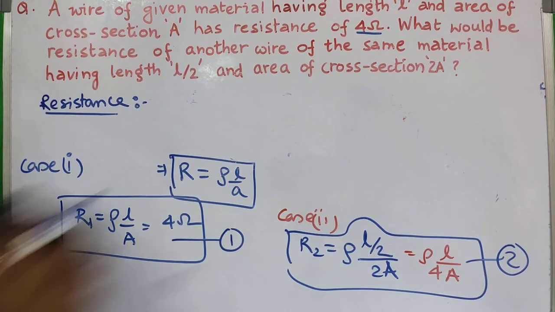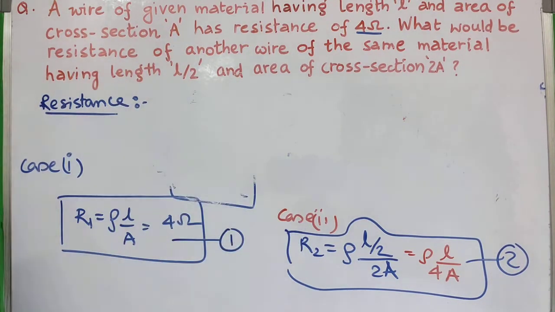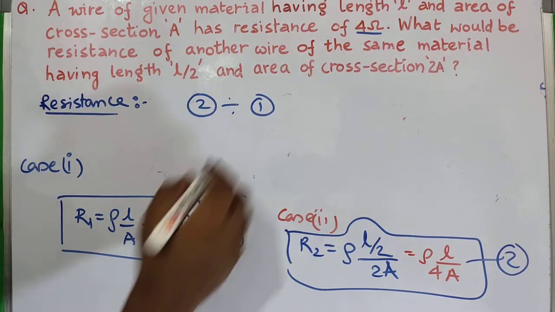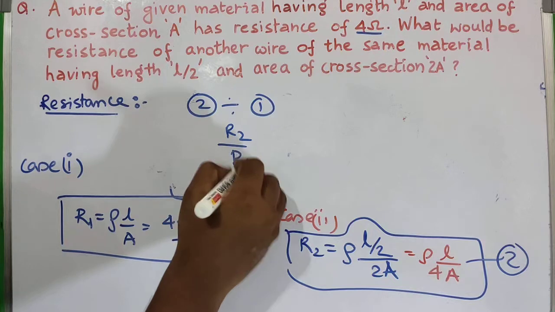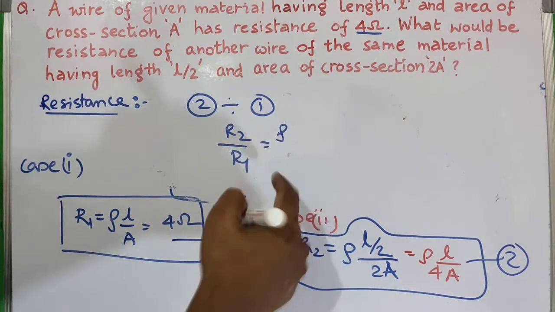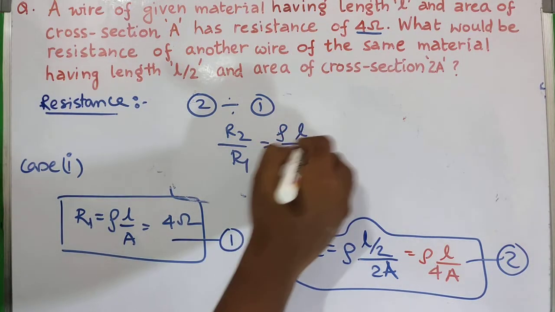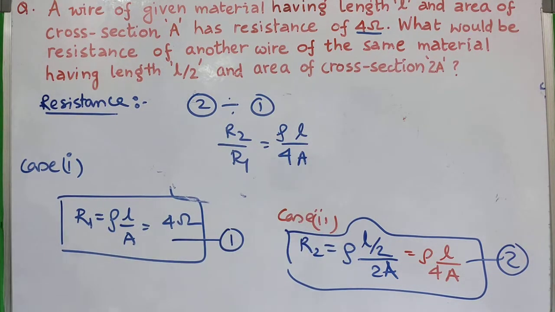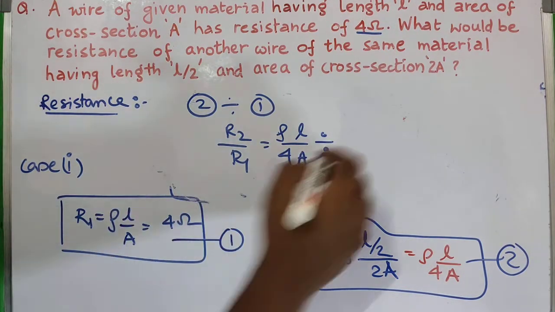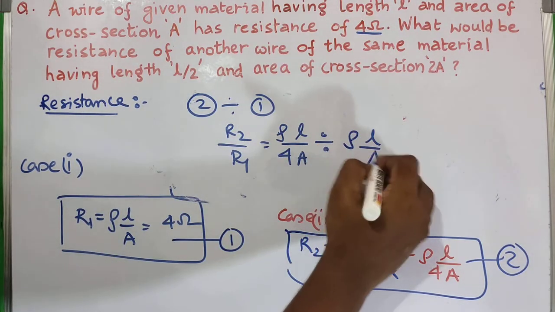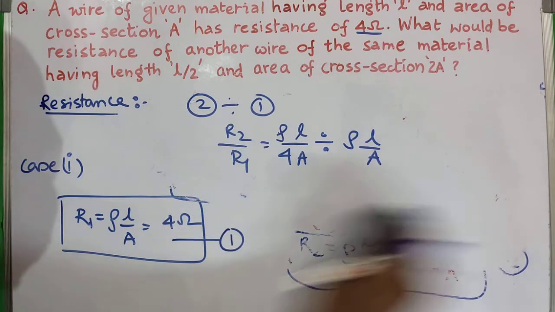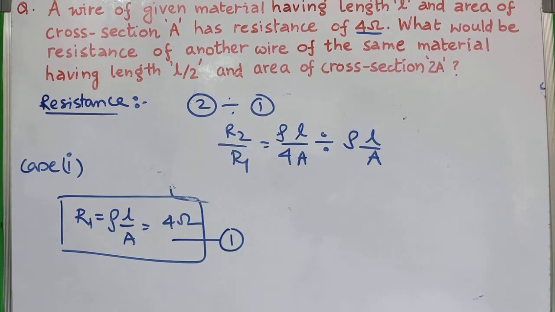So what I'll do, I'll just divide 2 by 1. Let's divide equation 2 by 1. So if I divide equation 2 by 1, what I'll get? R2 by R1 is equal to rho L by 4A divided by rho L by A, right? So I'm rubbing this side so that it would be convenient for us to solve this.